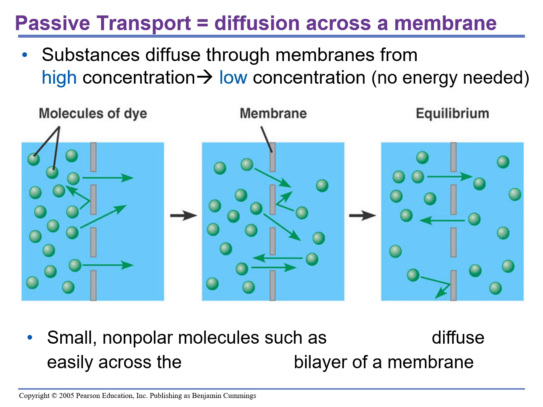And nonpolar things, as we talked about earlier, go into the nonpolar lipids easily, and polar and charged things have trouble going through the nonpolar lipids. So small nonpolar molecules such as oxygen and carbon dioxide diffuse easily.